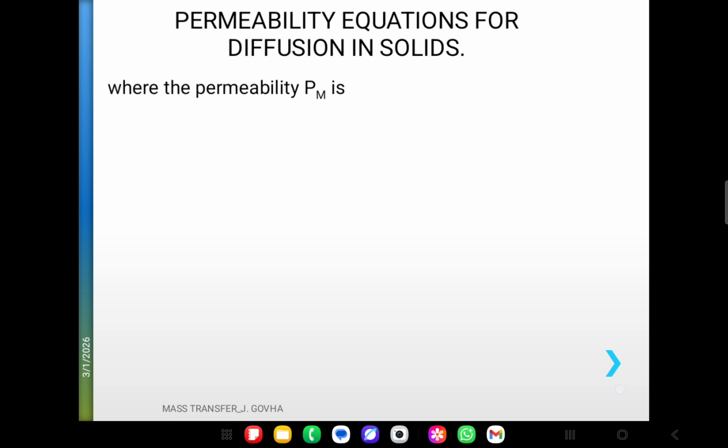So continuing with diffusion in solids, we find that our permeability PM is given as DAB S.